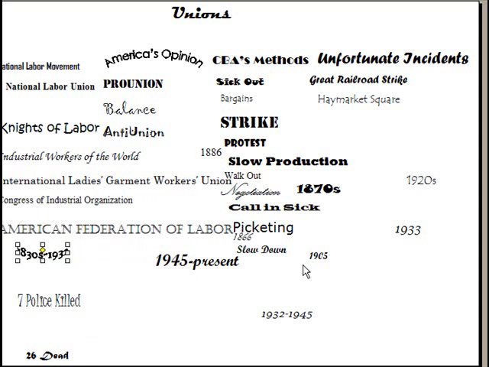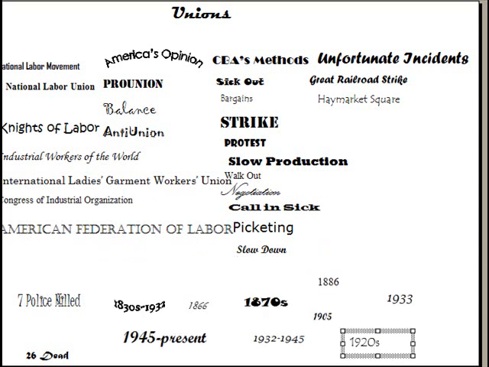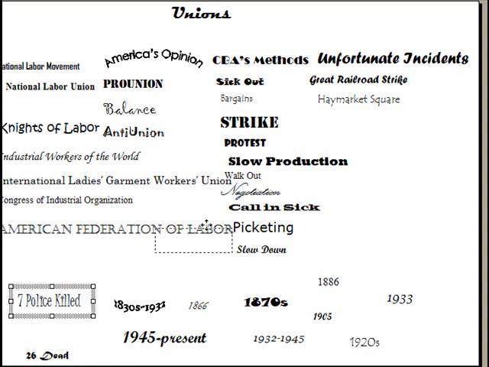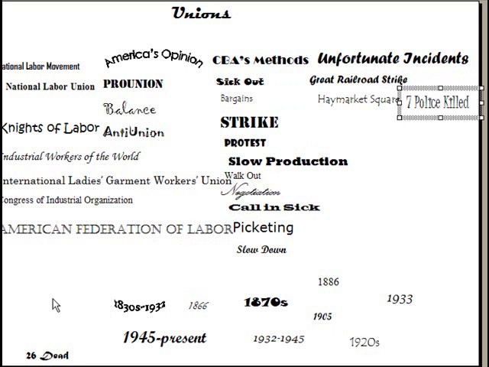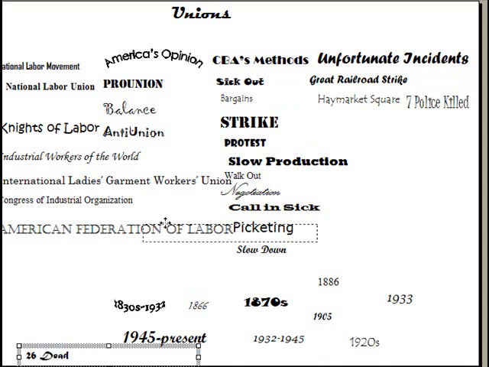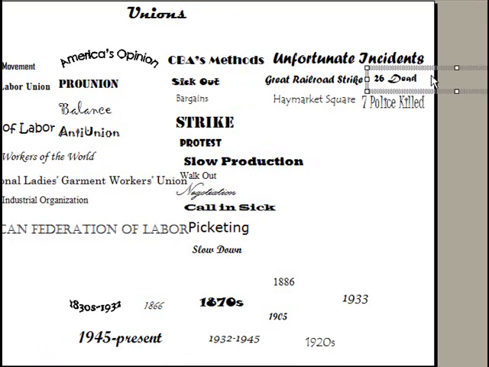So bear with me a little bit while I clean it up. And now that we have it a little more cleaned up, we can put a detail of one of these unfortunate incidents next to the proper event, either 7 dead or 26 dead in either of these events.